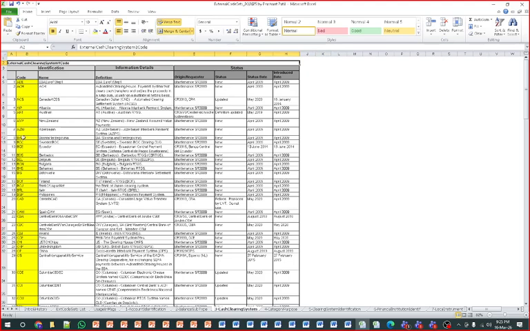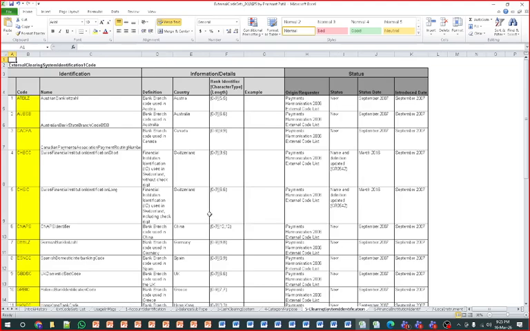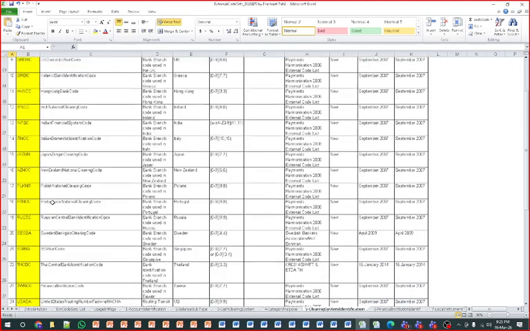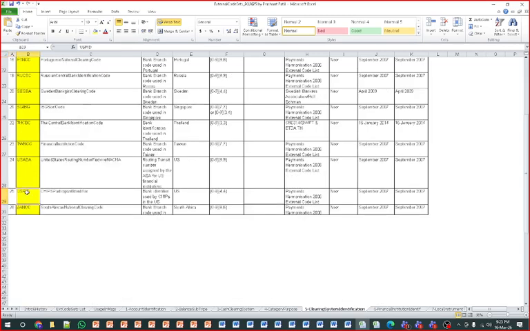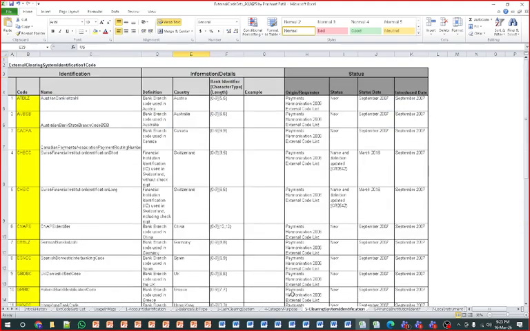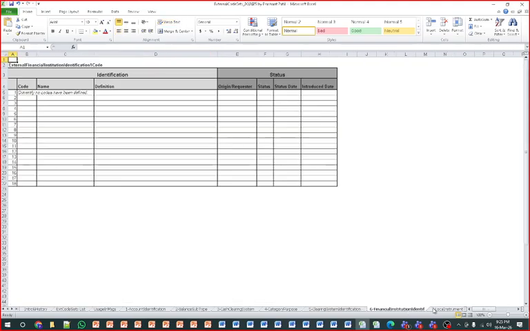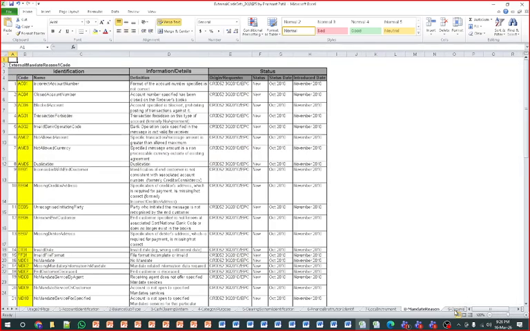If I mention here ANZ, it means the New Zealand clearing system is going to clear the payment. Same again, this is the clearing system code: if I mention USD and CHIPS, the payment is going to be cleared by the USA. So when we are learning ISO 20022, there are lots of things that will be referred to from this.